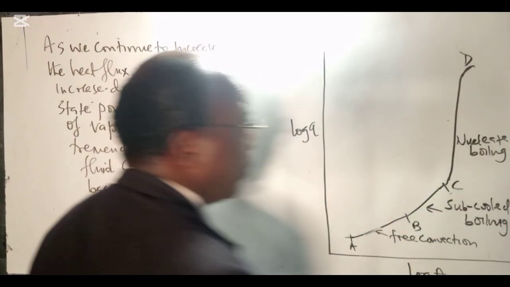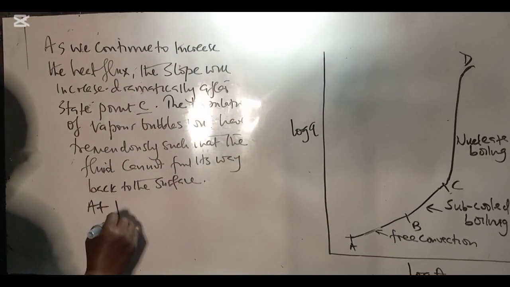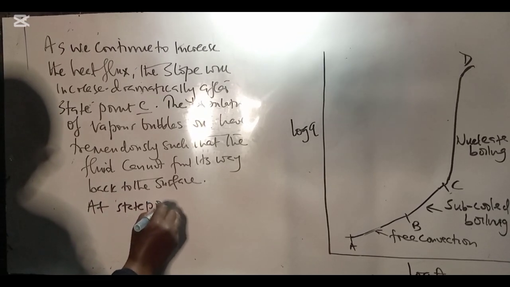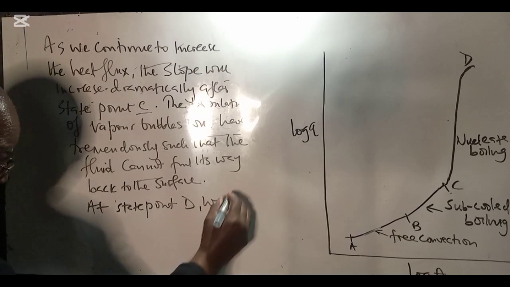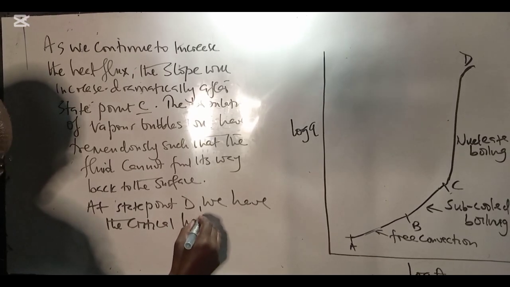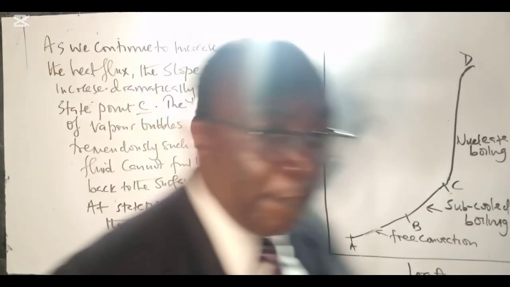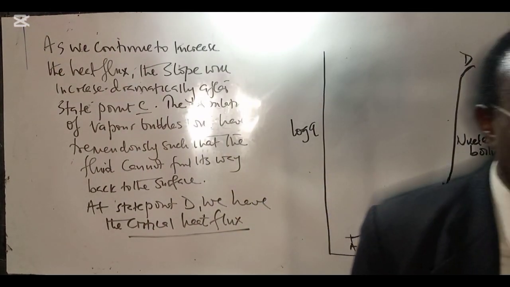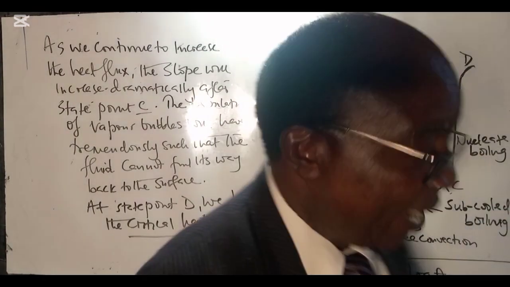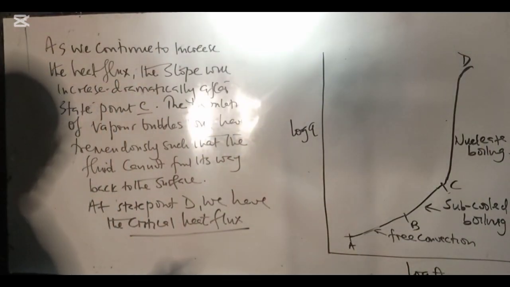We reach a point D, which we call the critical heat flux. At state point D, we have the critical heat flux, and at that particular point, a vapor layer forms.